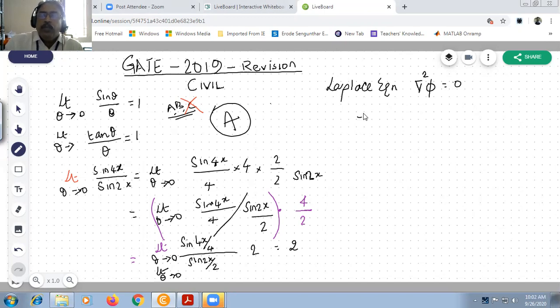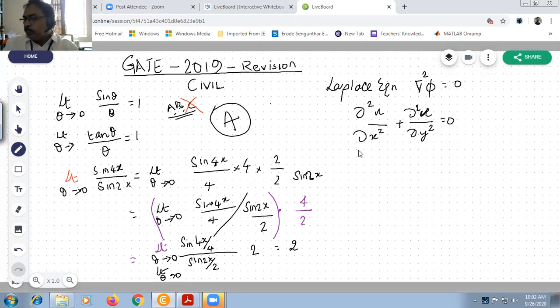So it will be dou square u by dou x square plus dou square u by dou y square equal to 0. The function is with respect to x and y.